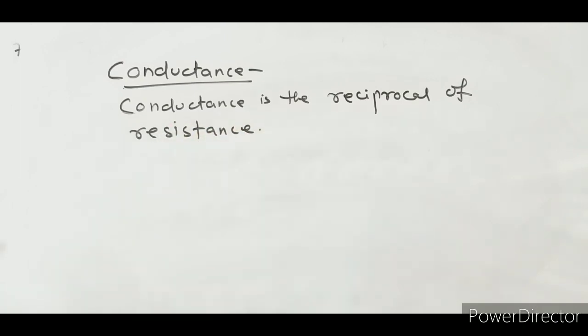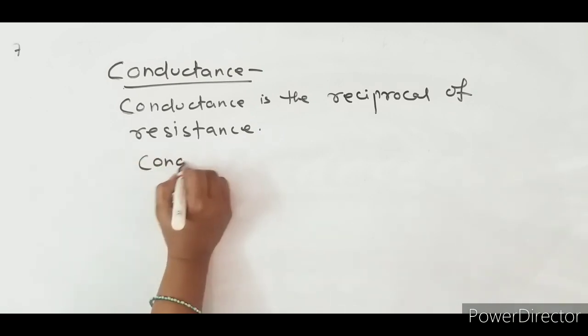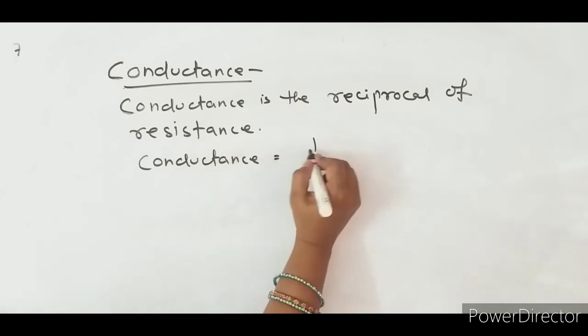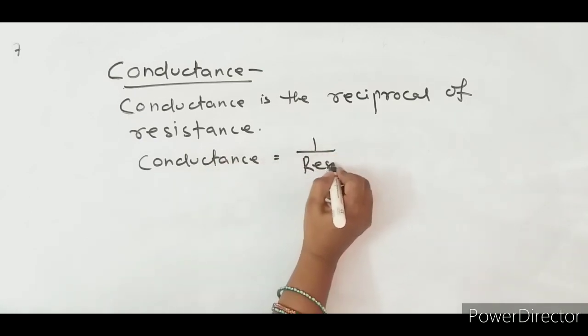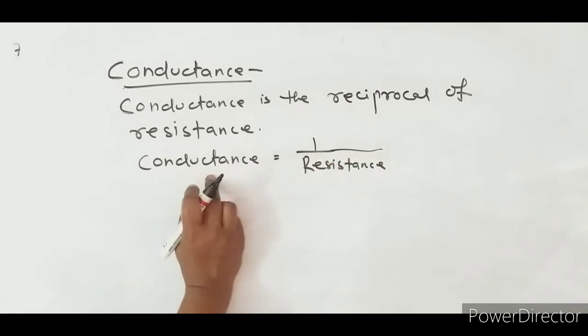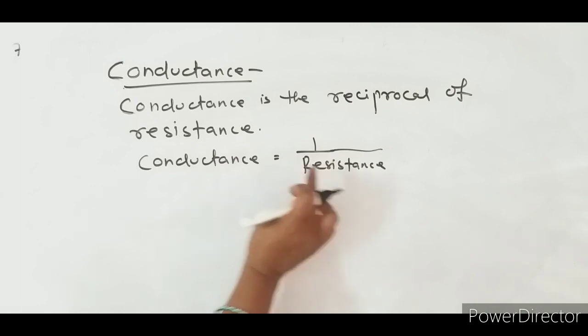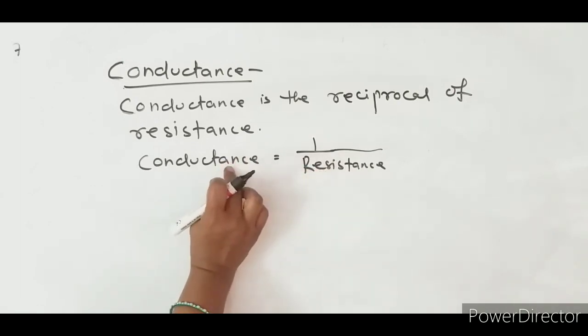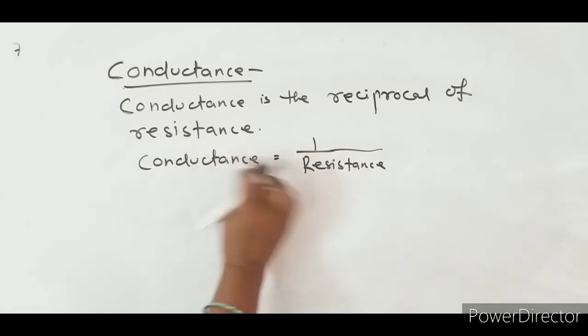So here we can write conductance is equal to 1 by resistance. It implies the more the resistance, the less the conductance. The more the conductance, the less the resistance.